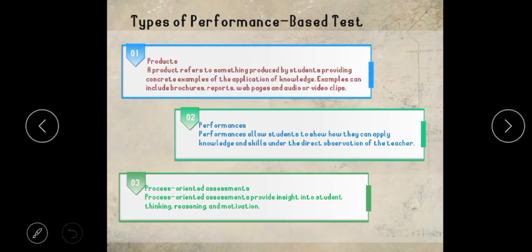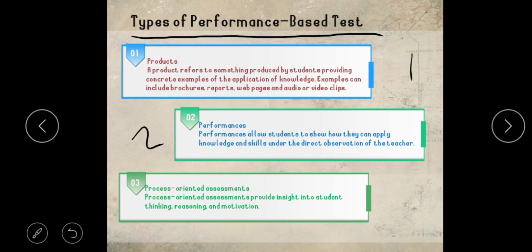Okay, I'm Intan, I want to deliver the types of performance-based tests. The first is product. A product refers to something produced by students, providing a concrete example of the application of knowledge. For example, it can include brochures, reports, web pages, and audio or video clips.